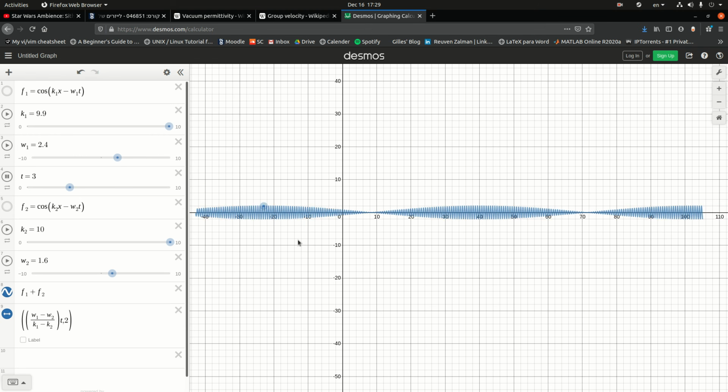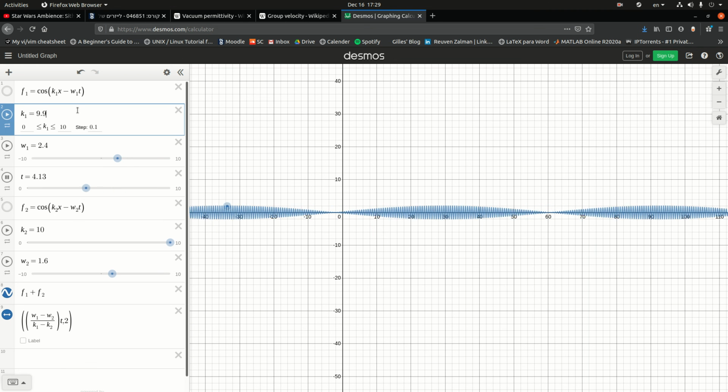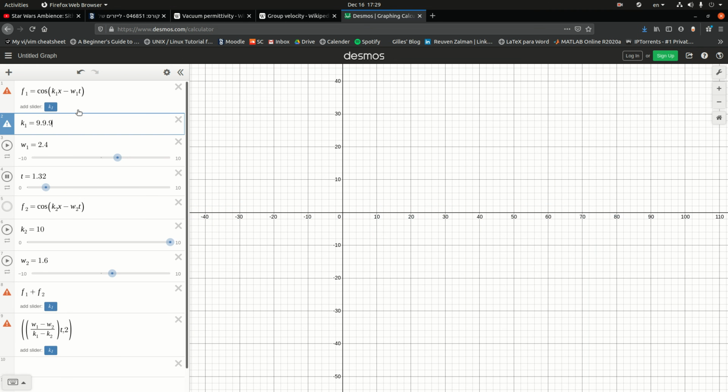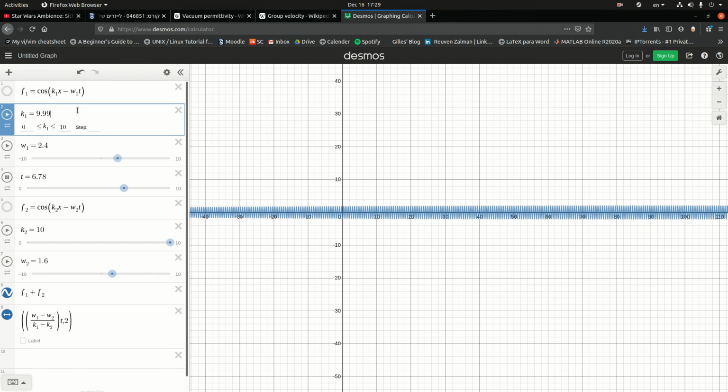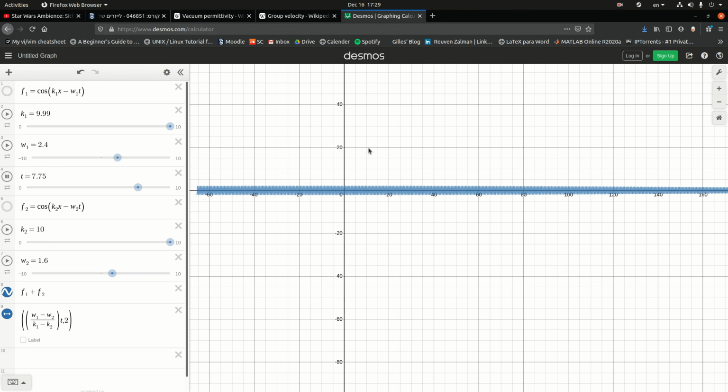You can see that the beats become very, very wide. And if you go even closer, you see they get really wide.